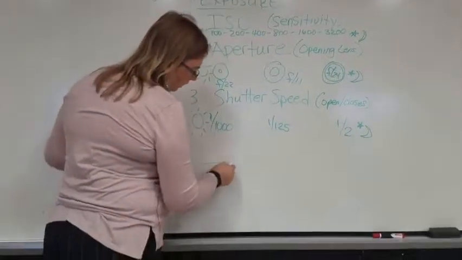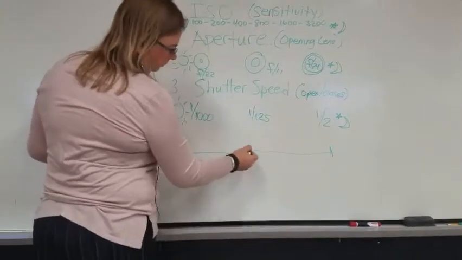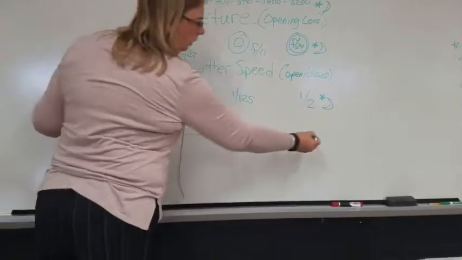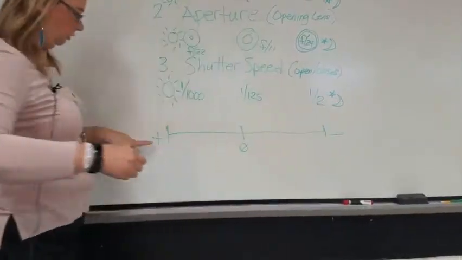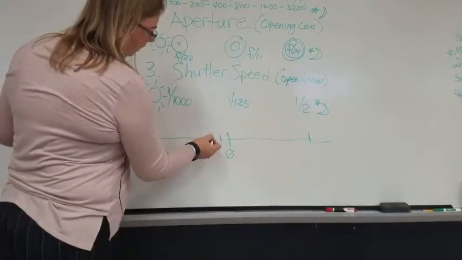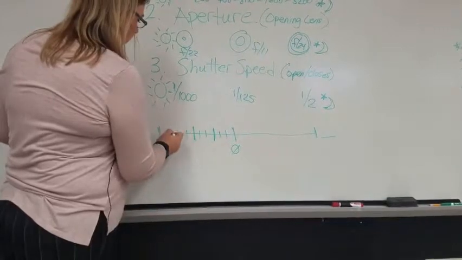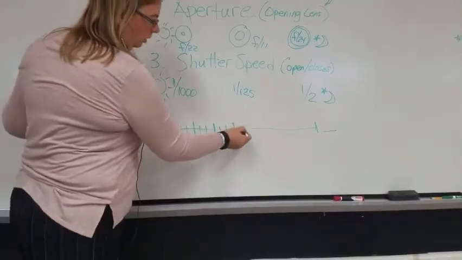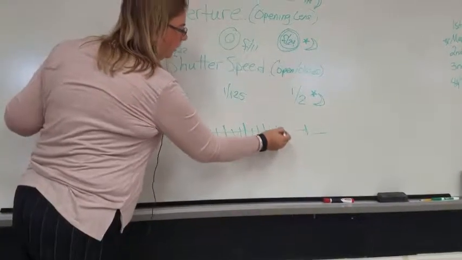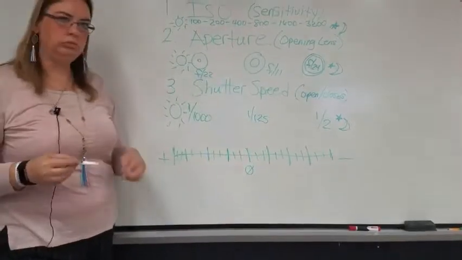So it is our meter, okay? It depends if you're Nikon or Canon, whether the plus is here or here, but generally it looks sort of like this. So this is my 0, okay?